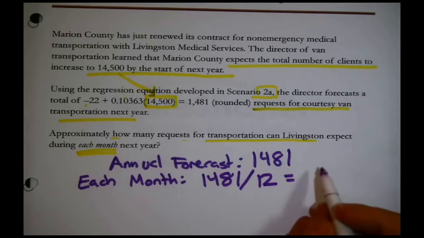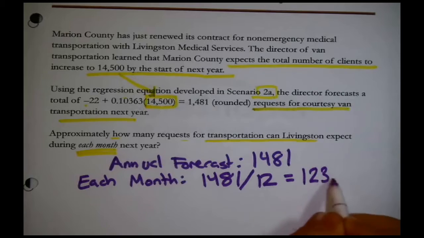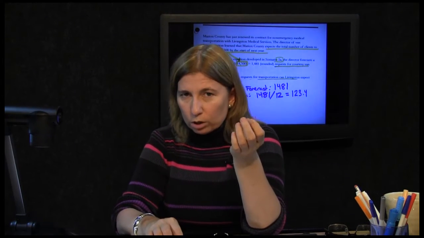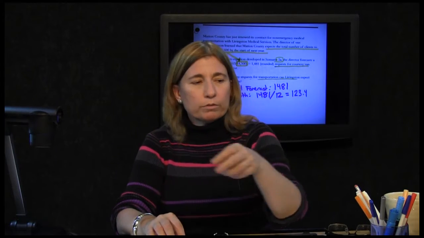There are 12 months in a year. I get 123.4. That's an early estimate for January or May or whatever, about 123.4 courtesy van transports. Except wait, we have a term for that number, the 123.4.